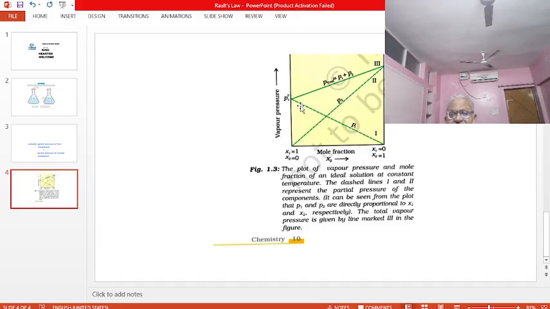And second, delta V is 0, no change in volume. The volume of the mixture must be equal to the volume of the first and second components. There should be neither an increase nor a decrease. These are the two conditions for an ideal solution, and Raoult's law holds good only for the ideal solution.